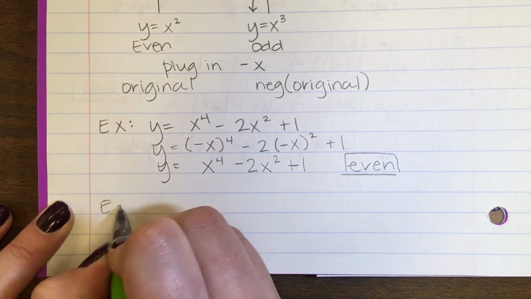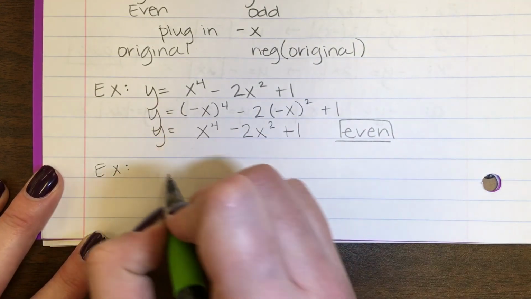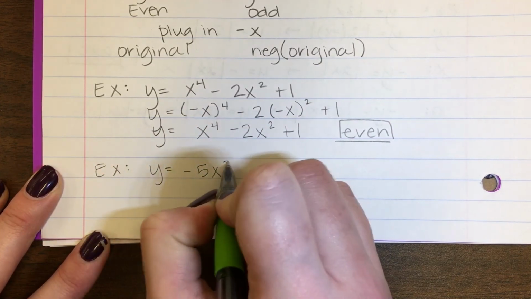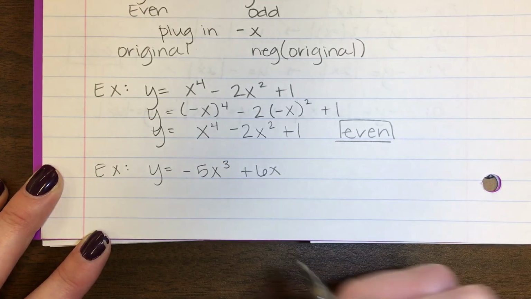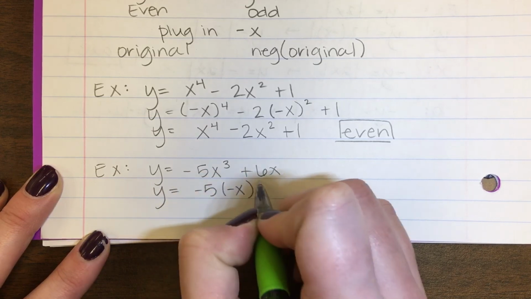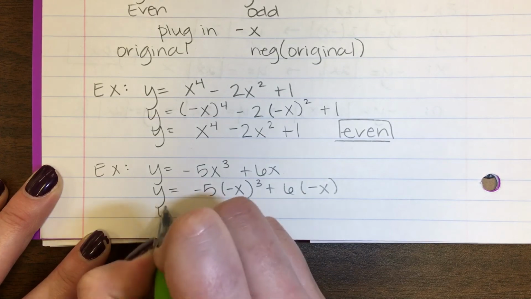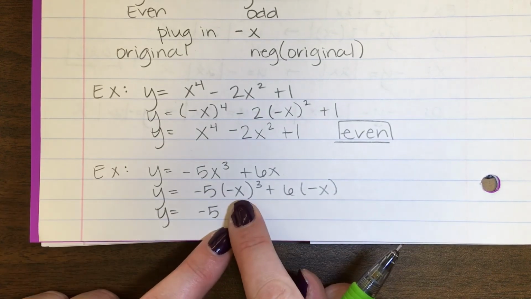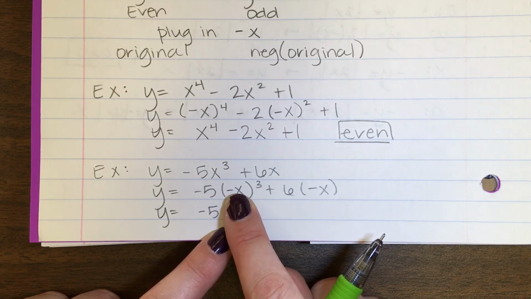Okay. Odd functions are a little bit harder to recognize, and so I want to go over a specific example of that. We're going to do y equals negative 5x to the third plus 6x. So just like before, we're going to plug in a negative x. So here I have negative 5, and if I do negative x times negative x times negative x, I get a negative.